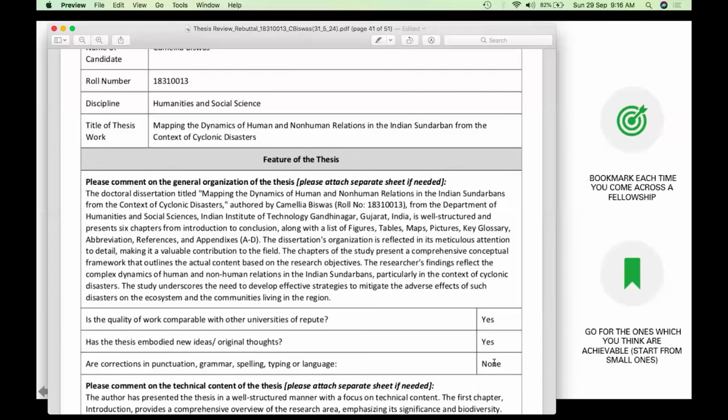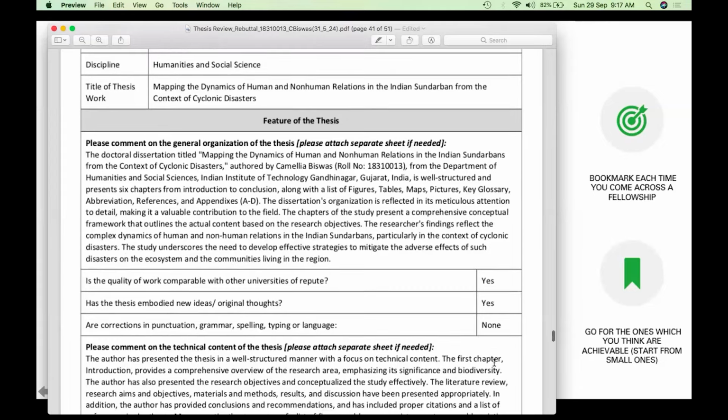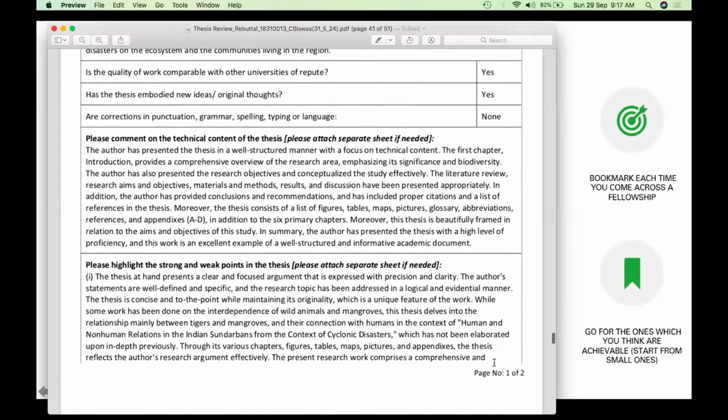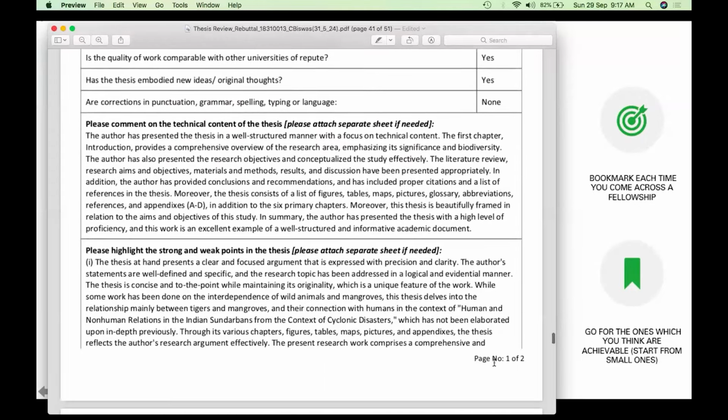So that's why I keep on saying that once you have written everything, go through your grammar properly so that you can avoid major grammar mistakes. Grammar mistakes will always be there, but try to avoid them as much as possible, or spelling mistakes rather, or language. And so there was a question, please highlight the strong and the weak points in the thesis.